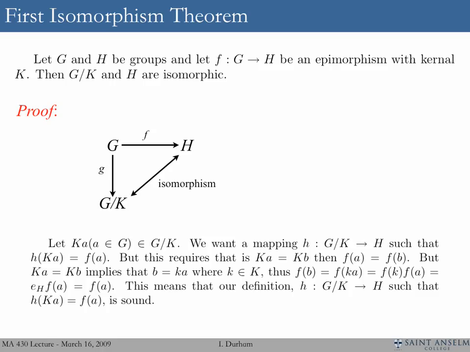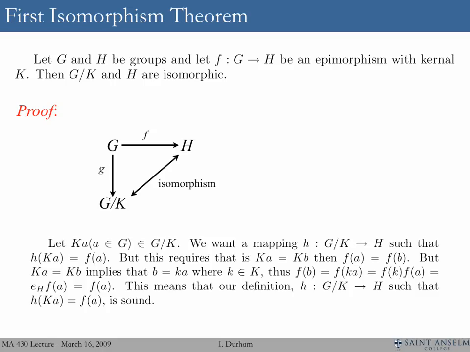It'll really make sense if you just stop and think about what that means. So we basically want to find a mapping that goes from G/K to H, that basically when you stick Ka into it, it's equivalent to having this function from G to H that you just stick a in. All right.